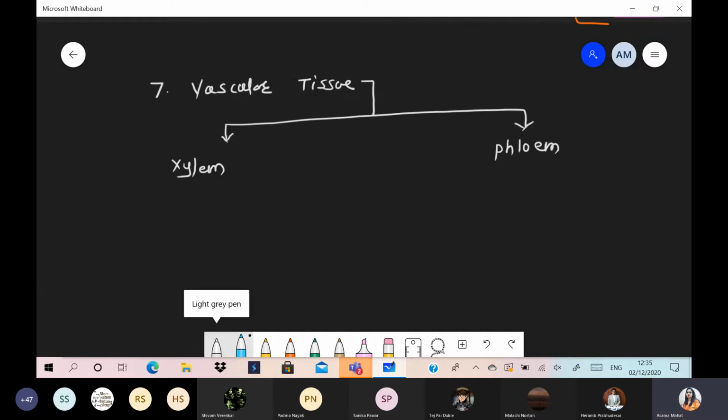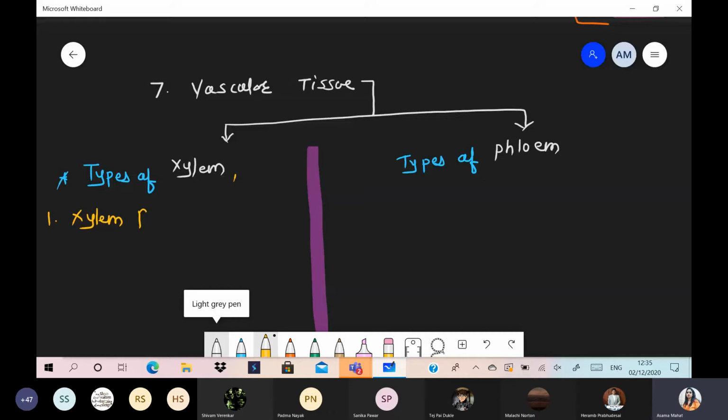Now what happens here? We are talking about types of xylem, and this point we compare with types of phloem. So first of all, we are talking about the types of xylem. Under the xylem category, basically there is a presence of number 1 cell, that is xylem parenchyma.